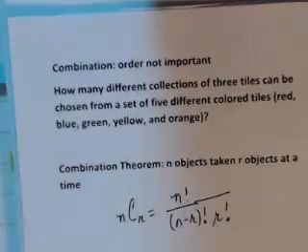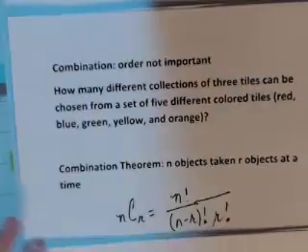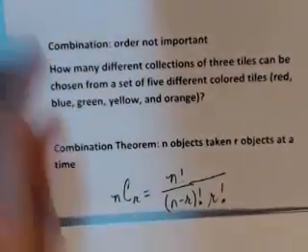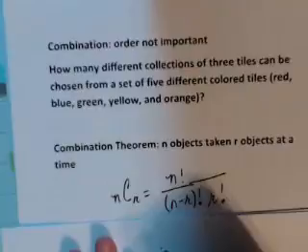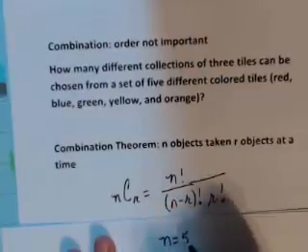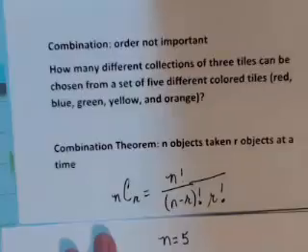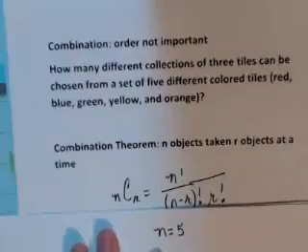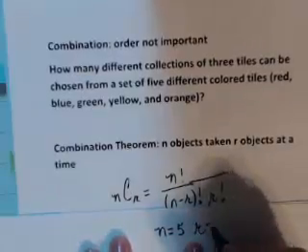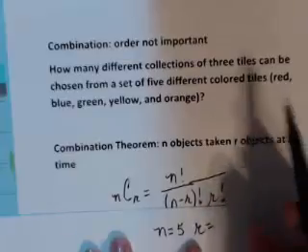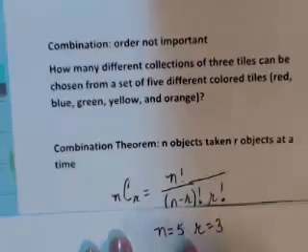So let's look at this example where n is 5 because there are 5 tiles. r is 3 because you're taking them 3 at a time.